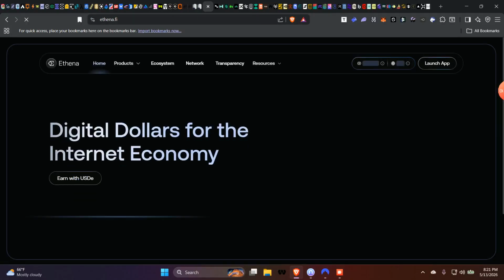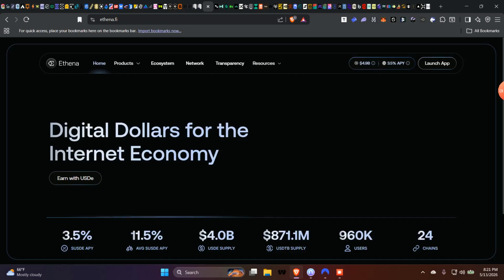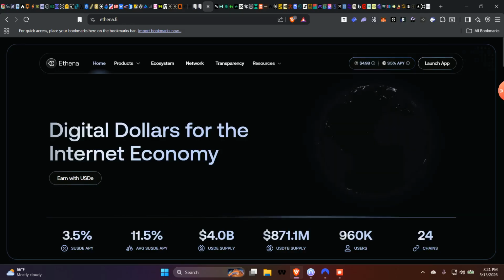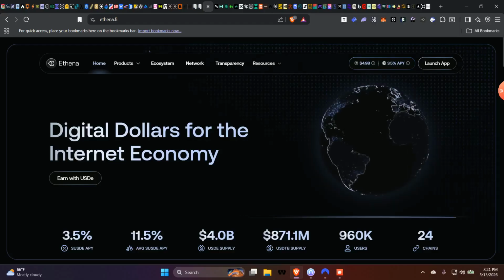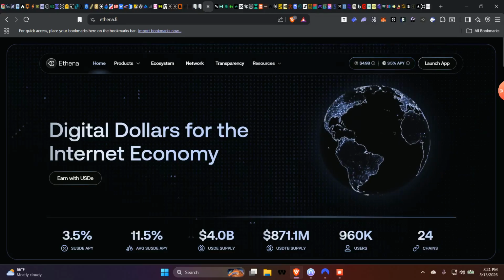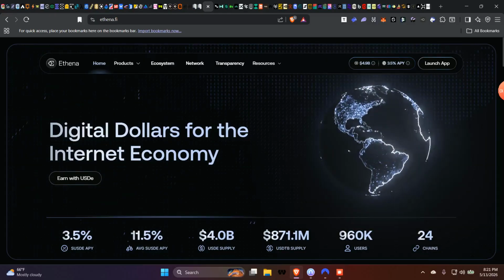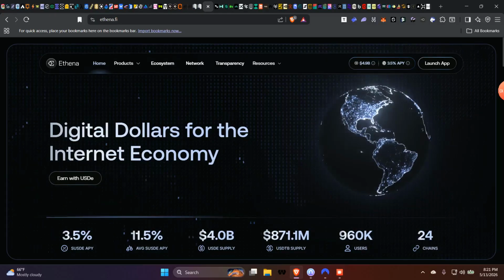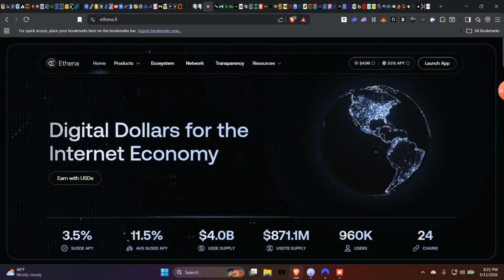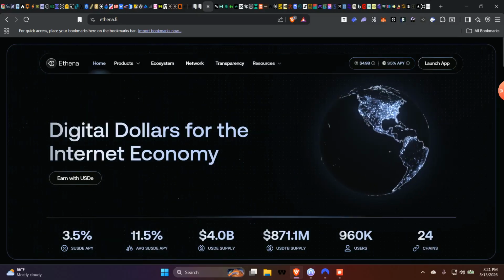Now, there's another stable coin known as Ethena, which also is not based upon fiat. Sure, you can off ramp your fiat and buy Ethena or USDE, which is the stable coin, and you can start to earn over here, 3.5% APY on that.